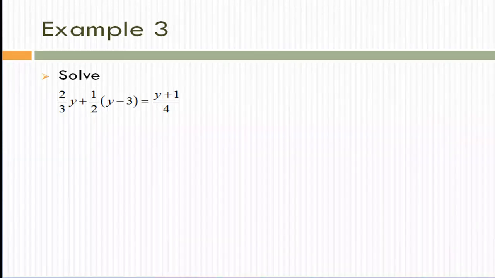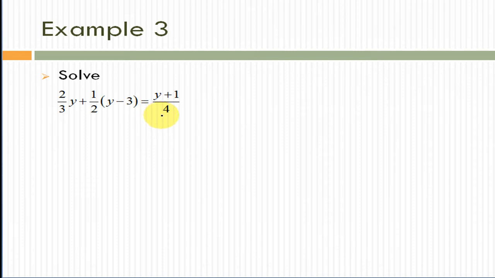Okay, the next example. So here we have terms with fractions. Okay, so to get rid of the fractions, we can multiply both sides of the equation by a common multiple of the denominators. So what is a common multiple of 3, 2, and 4?